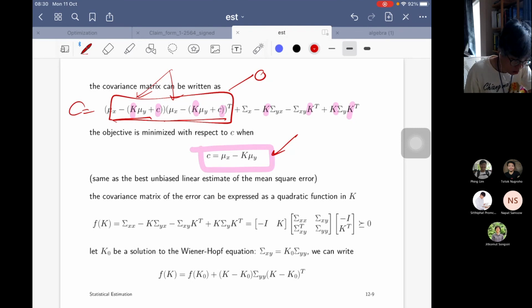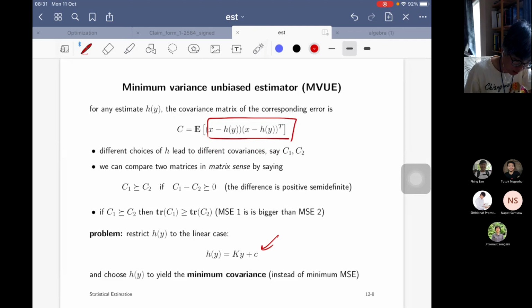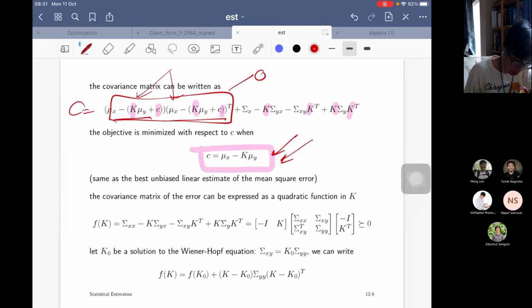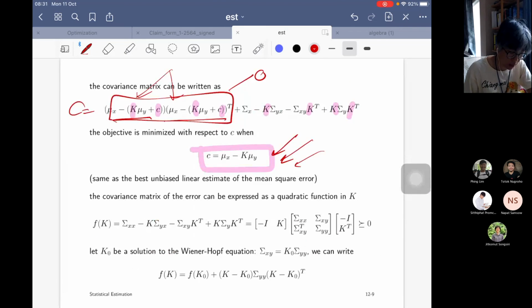It is also the same choice of C that makes HY unbiased. If you check this condition, it is satisfied when C is given by this.